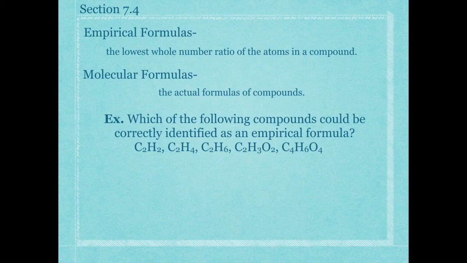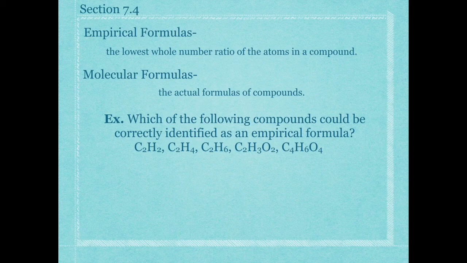So if we look at this example here, if you look at C2H2, the question asks you to identify any empirical formulas. Well, C2H2 is not the lowest whole number ratio, and therefore it is not the empirical formula. It is a molecular formula. C2H4 again is not the lowest whole number ratio because you can simplify that to CH2. So that would not be an empirical formula.